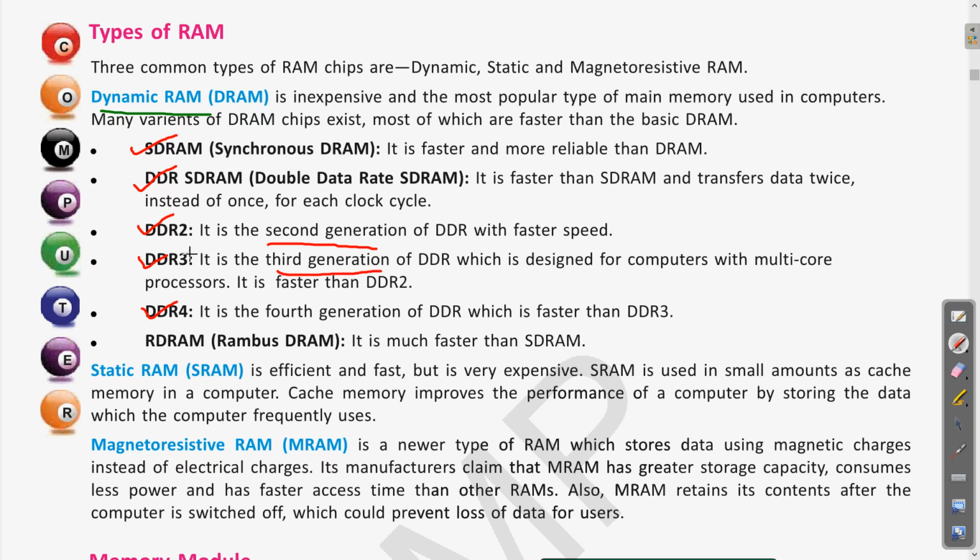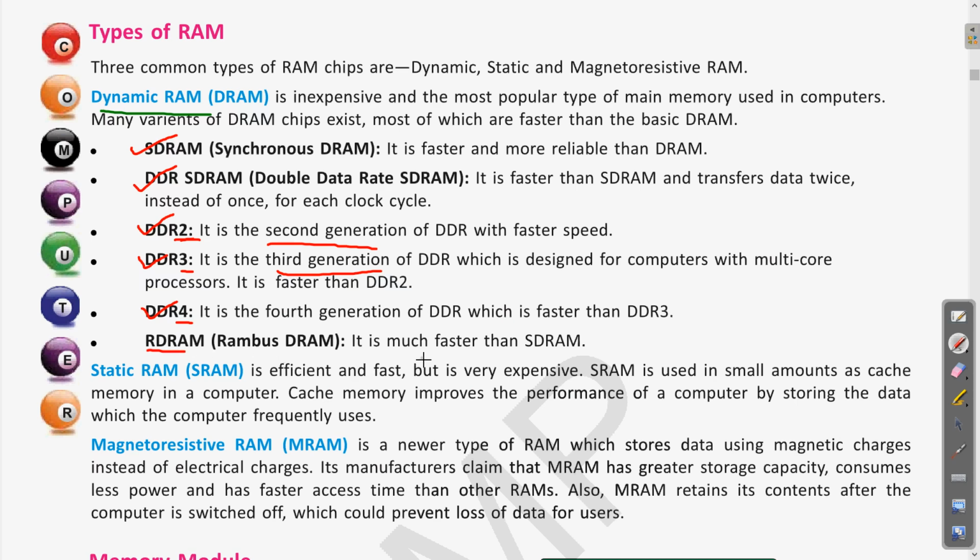As the name says, it is written 2 or 3 on the basis of the generation. If it is generation 2, it is written DDR2. If it is generation 3, it is written DDR3. Clear? So this way we have the different types of DDR. Then we have the RDRAM, that is the Rambus RAM.